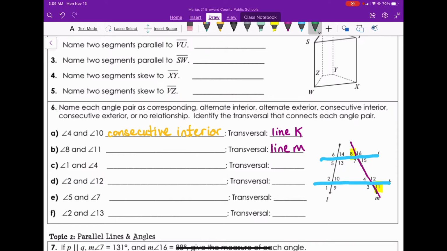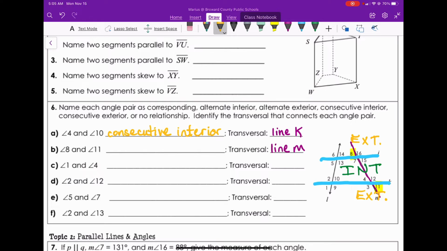So we know that this is the interior. However, neither of the angles are in the interior. They're actually in the exterior. This is the exterior here. And exterior, remember, means outside the two lines, okay?